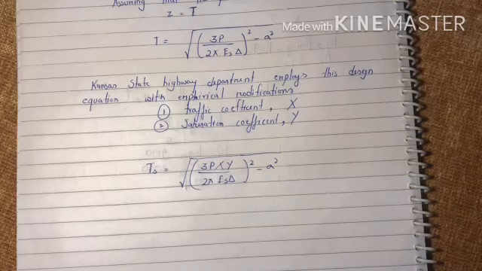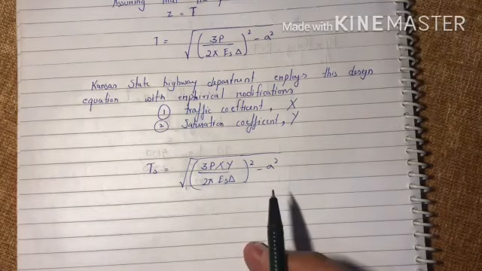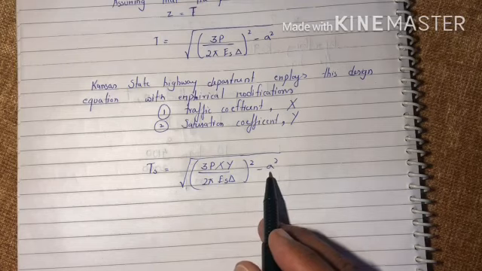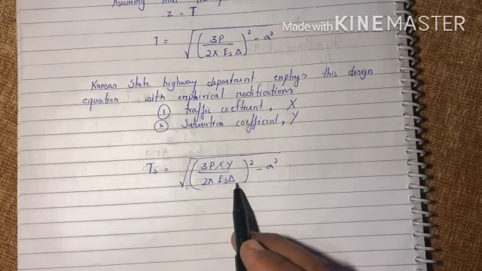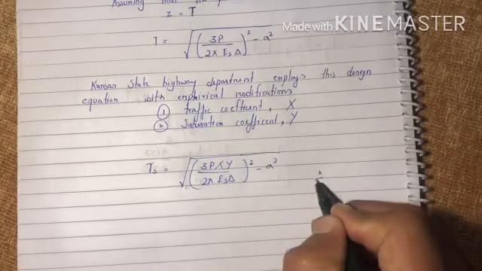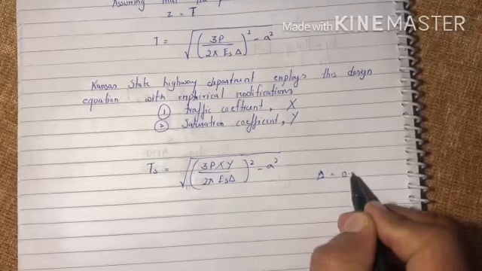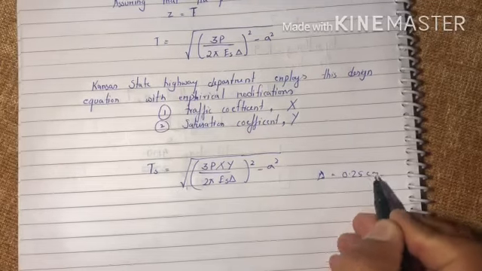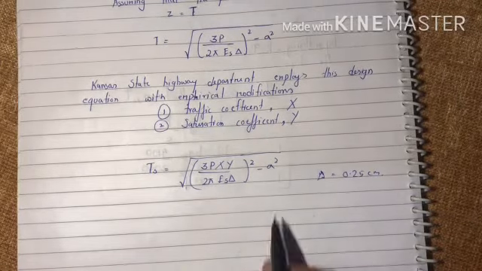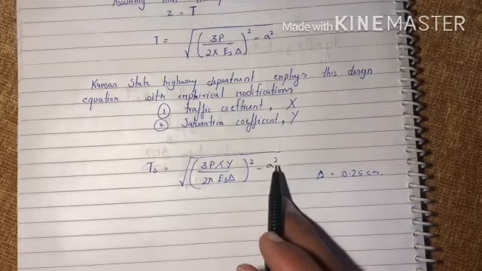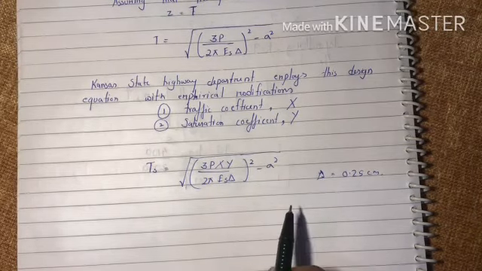Then a is nothing but the radius of contact area in centimeter, and delta is the design deflection. By default, delta is taken as 0.25 centimeter. So this was the modified equation developed from Boussinesq's displacement equation.